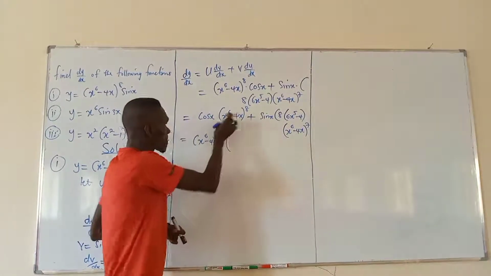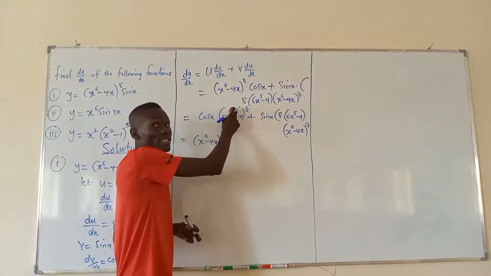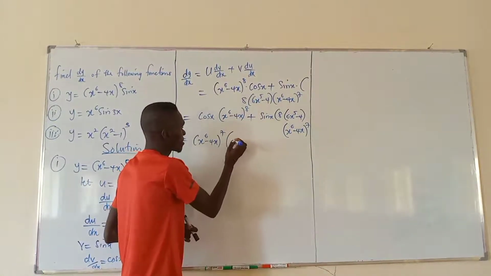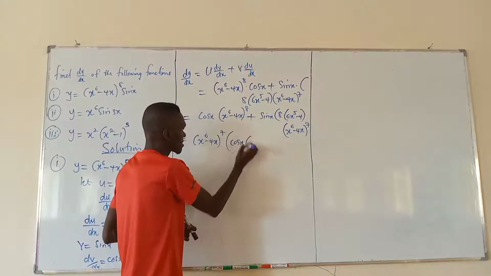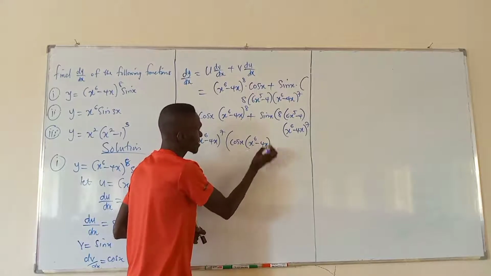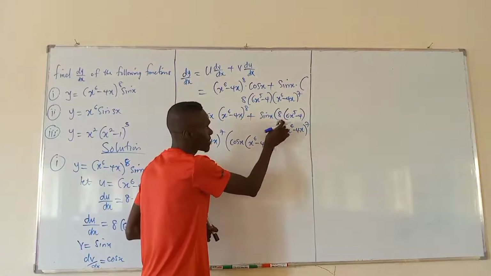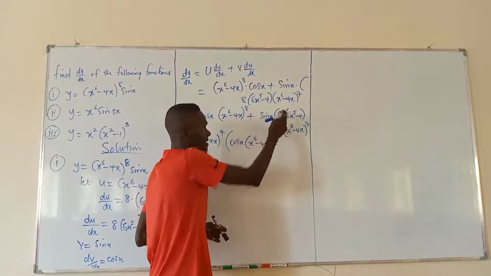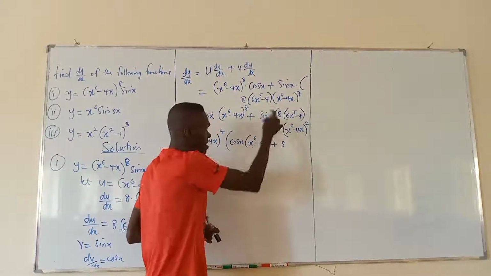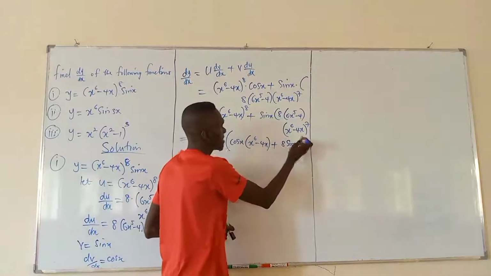Open bracket. Now if I remove 7, that means I still have 1 that is left, right? So I'll be having cos x inside times 1 of these that is left, (x^6 minus 4x). Then plus, remember the whole of this is out already. The only thing left here is sine x and this 8. So I'll bring out 8 first, then sine x. This one is out, remaining 6x^5 minus 4.